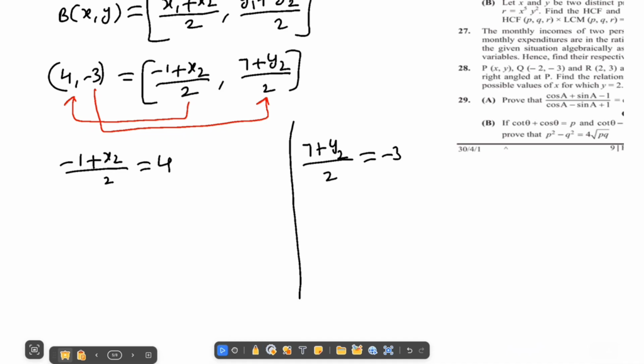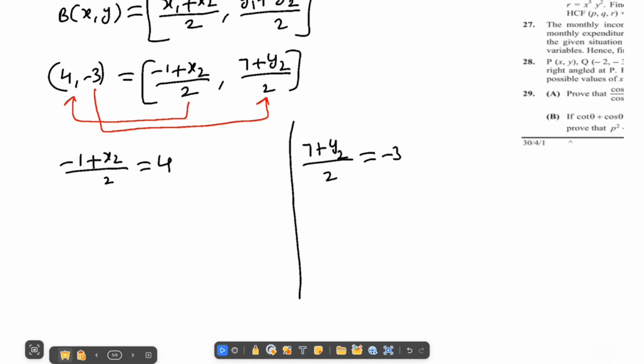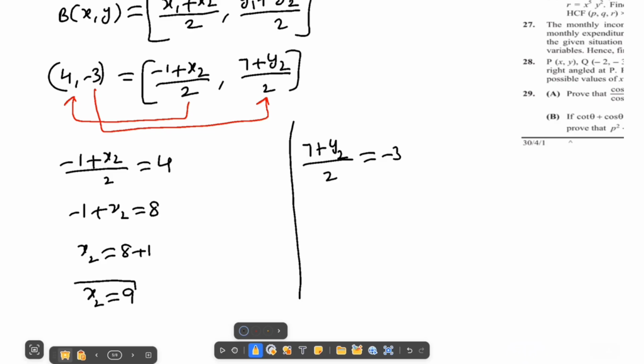So from that we can find the x2 value and y2 value. Send 2 to the right side, minus 1 plus x2, 2 into 4 is 8. Send minus 1 to the right side. Now x2 is equal to 8 plus 1. Now x2 is equal to 9.